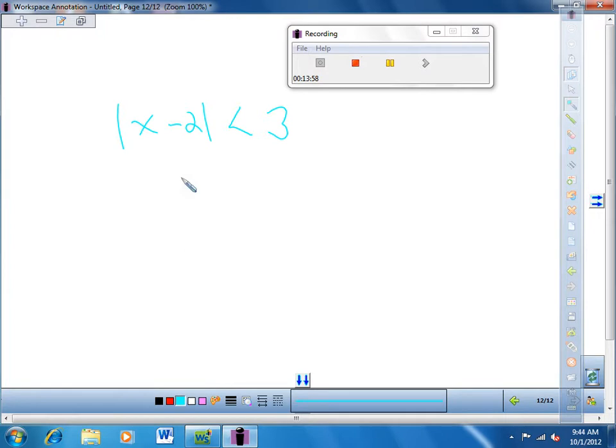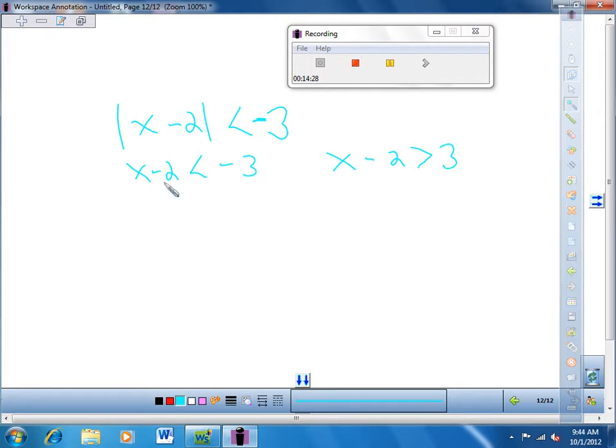So you might be tempted to say x minus 2 is less than negative 3, or x minus 2 is greater than 3. Is that right?